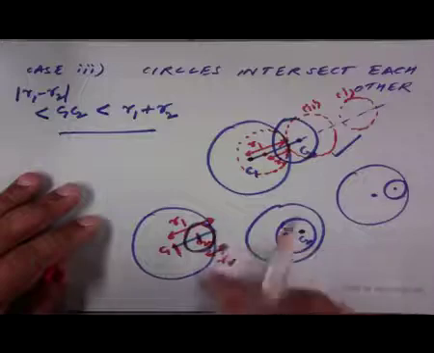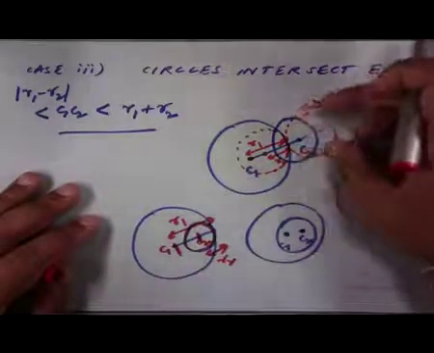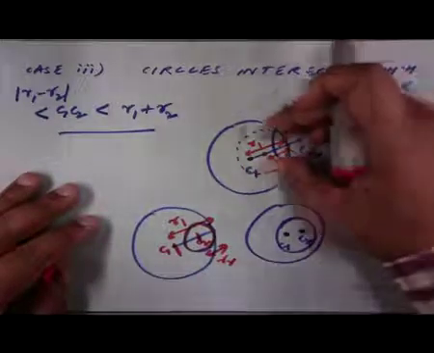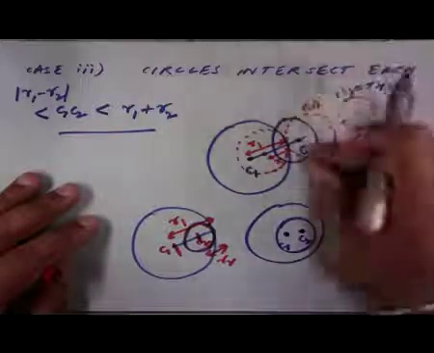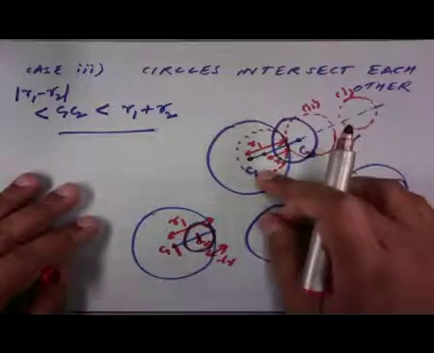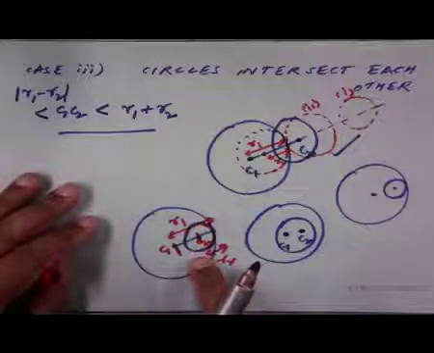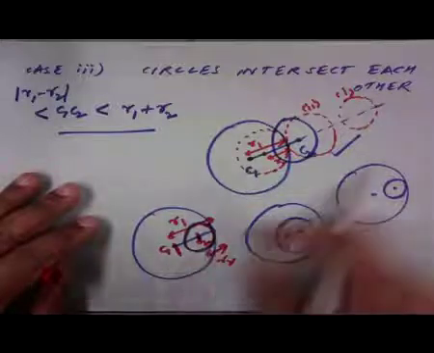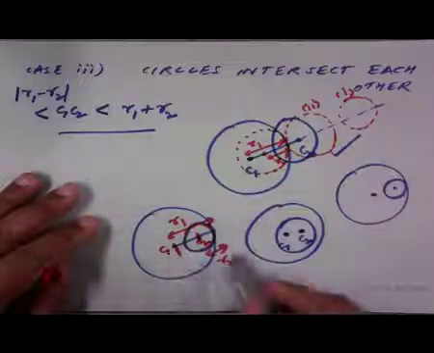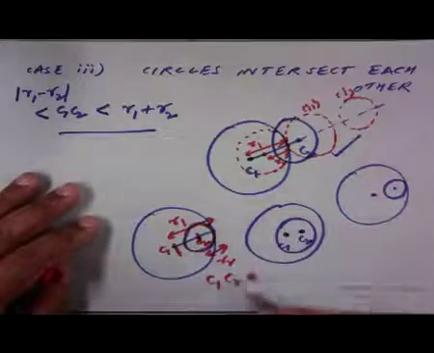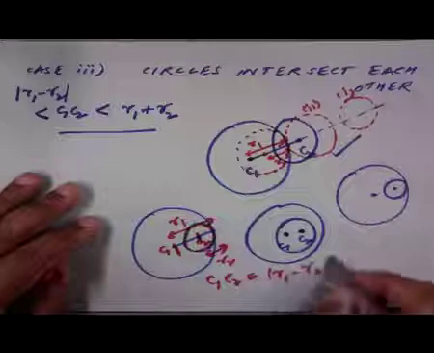So, if the smaller circle keeps on coming closer, if the center C2 keeps on coming closer till this case happens, then we have C1 C2 equal to mod of R1 minus R2.